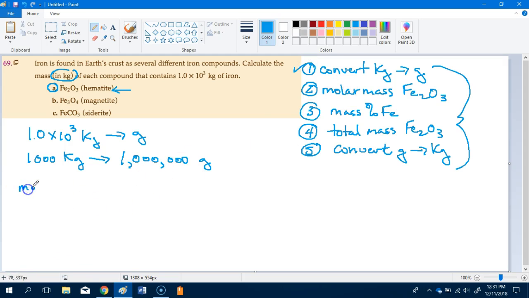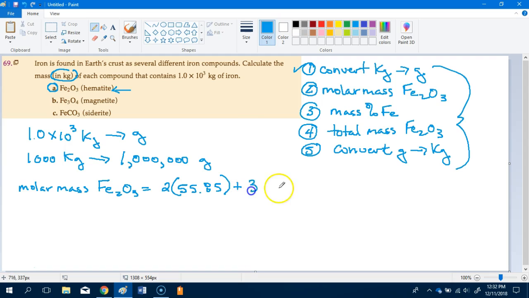Now we need to find the molar mass of our hematite. And that's going to be 2 times the molar mass of iron, because there are 2 irons, and the molar mass of iron from our periodic table is 55.85 grams.